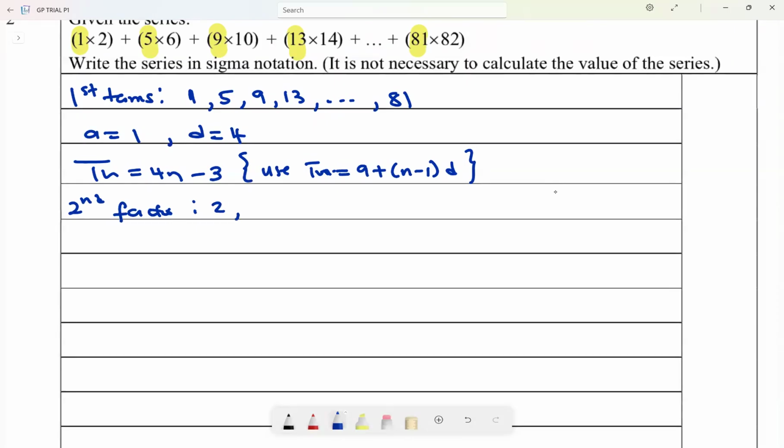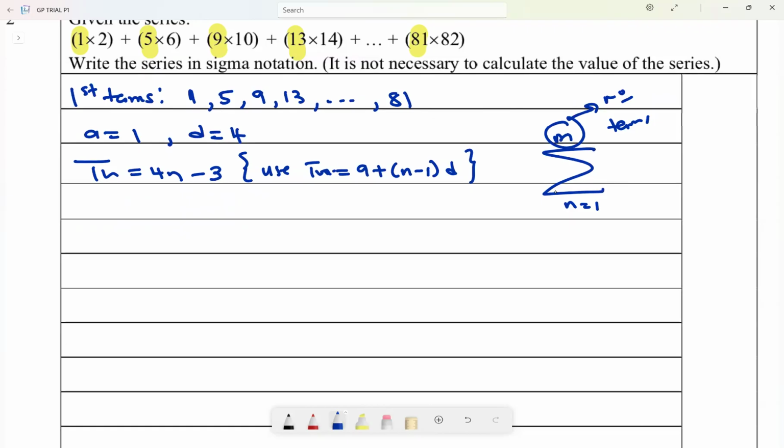Oh, and before I continue, I need to know the number of terms that they have. Remember sigma, n is equal to 1, and then m, where this is my last term. So I need to know the number of terms that I have.